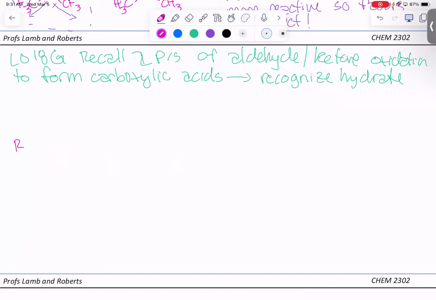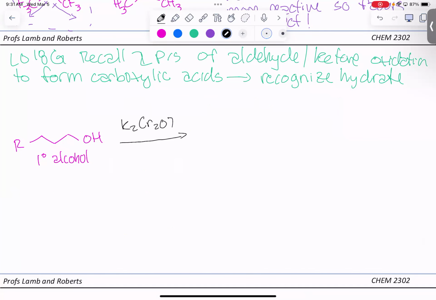Okay, so what we learned was that if you have an alcohol, a primary alcohol, all right, we learned that when you add this potassium chromate, these chromium 6 reagents, and H2SO4 and water.